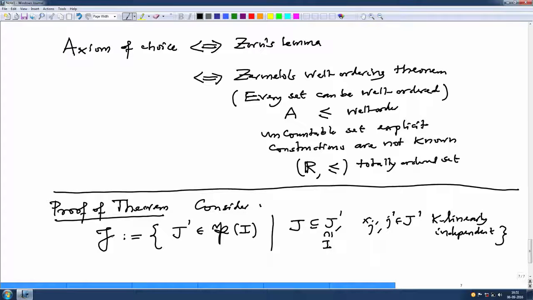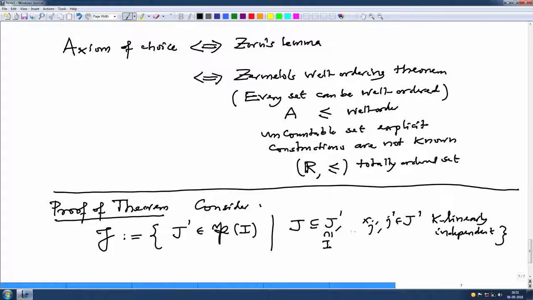So script J is precisely all subfamilies of the given generating system which contain the linearly independent family and enlarge it to a linearly independent family.